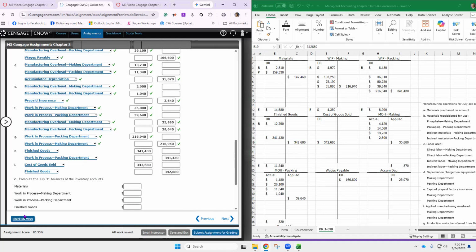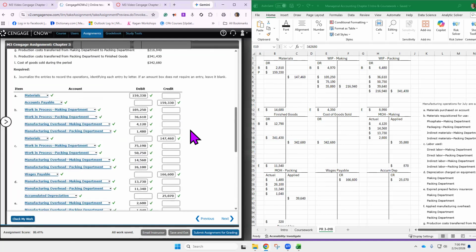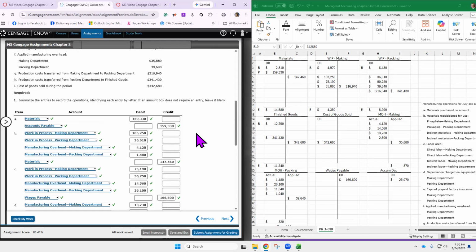All right, let's check our entries here. Make sure we are on the right track. Make sure we don't have any red X's. That's quite a few journal entries there. That's just two work in process accounts and two manufacturing overhead accounts.